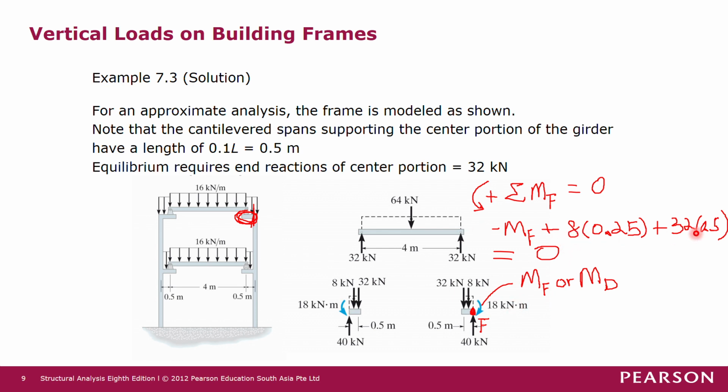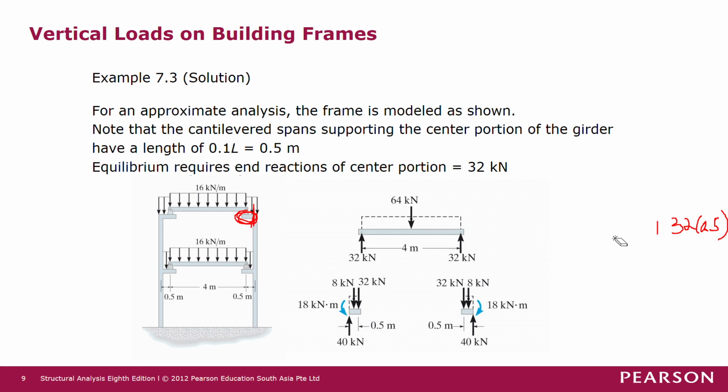So when you solve this, we are going to get MF as a positive value, meaning that the assumed direction is correct. So the moment is going in clockwise direction. So that will solve for the moment and the support reactions there.